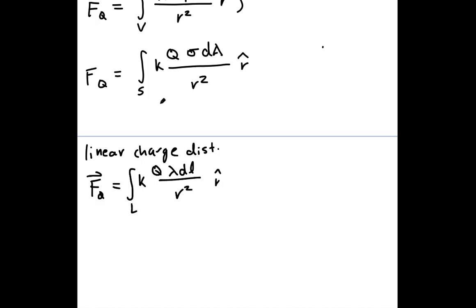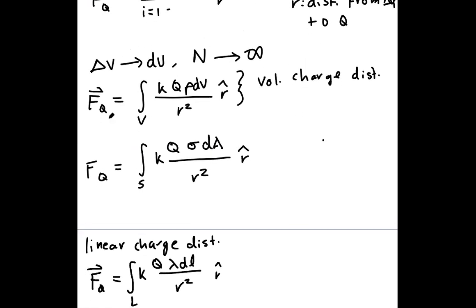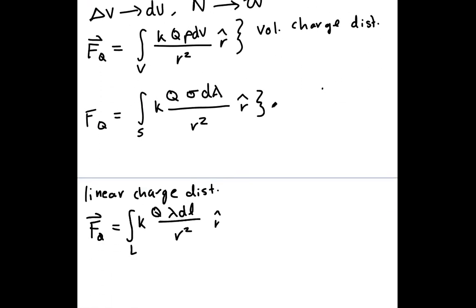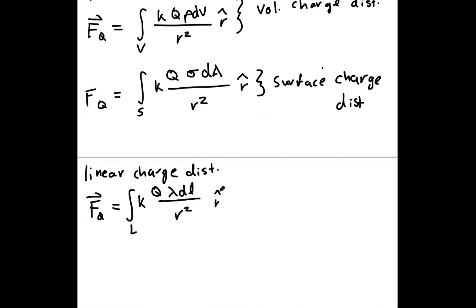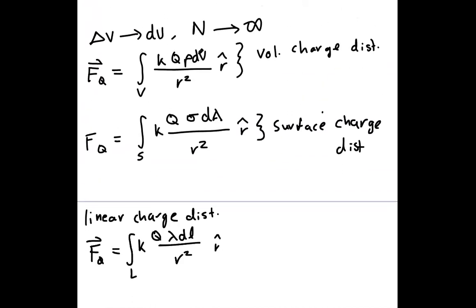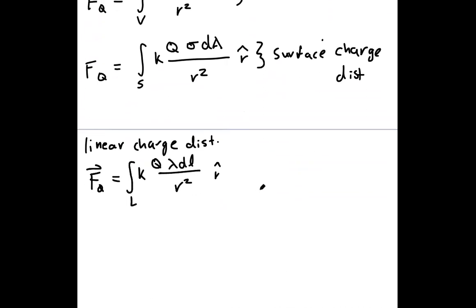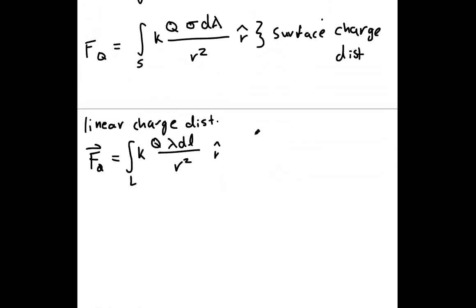So notice that all we're doing when we're going from a volume charge distribution to a surface charge distribution to a linear charge distribution is we're just changing the value that we put here. And that's completely dependent on what type of charge distribution we're dealing with. And once again, we know that lambda is equal to the charge over the length. So we multiply both sides by the length, and we can substitute whatever we get for the charge over here.